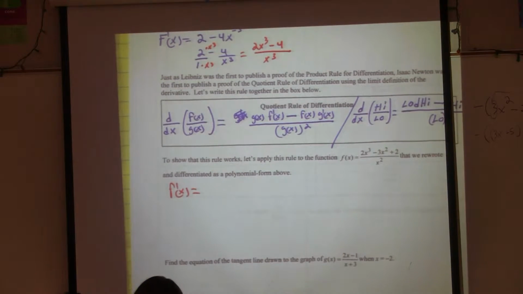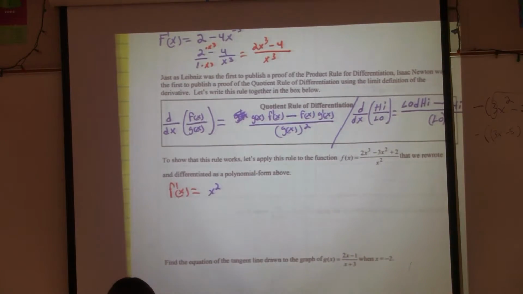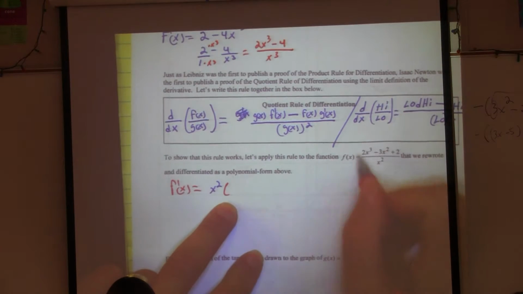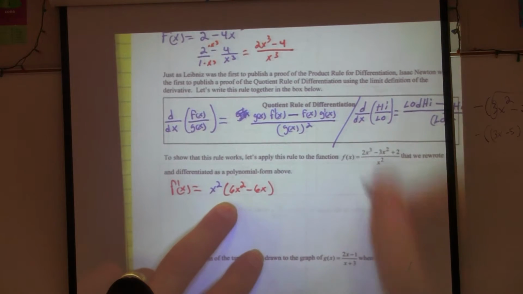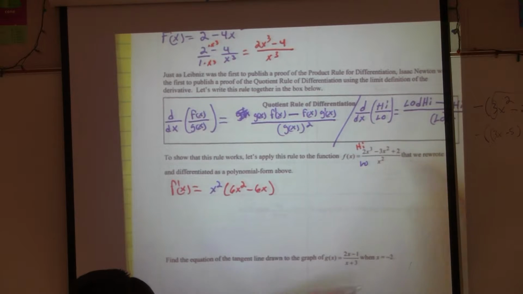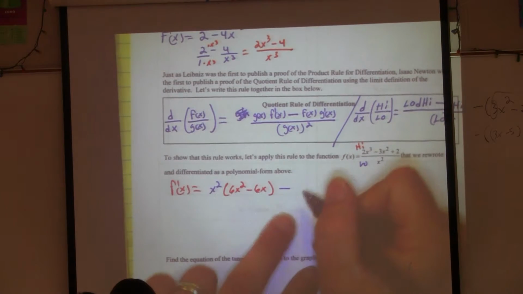Okay, what do we start off with? Low, which is x squared, times D high. What's the derivative of the top? 6x squared minus 6x. So this is high, and this is low. Minus 2x, minus what?